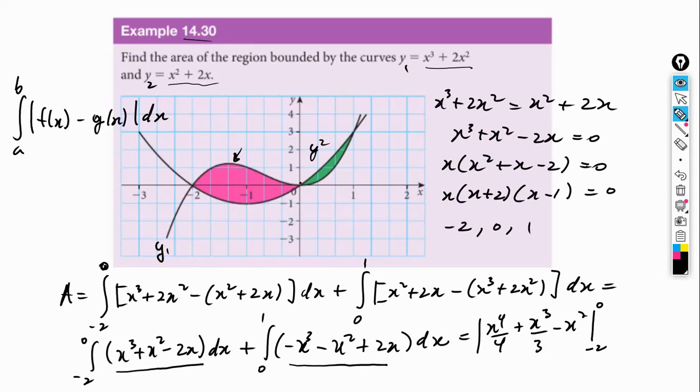And this plus minus x to the 4 over 4 minus x cubed over 3 plus x squared, and this from 0 to 1. And if you do the math, you should get 37 over 12.